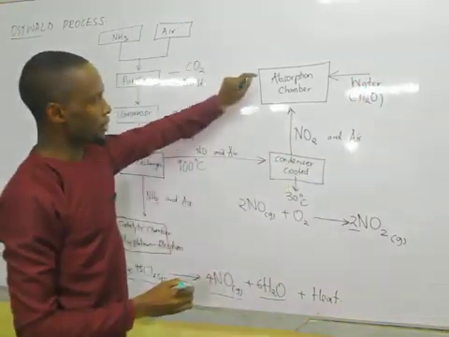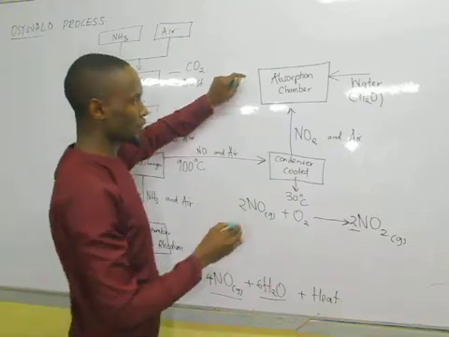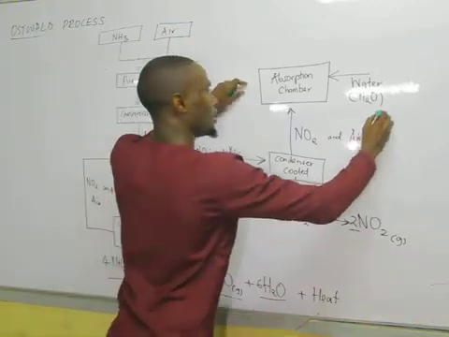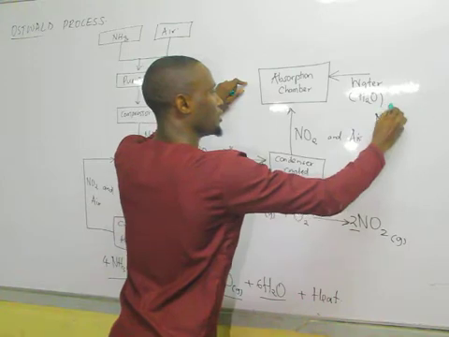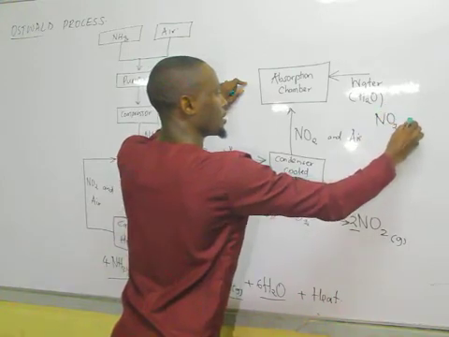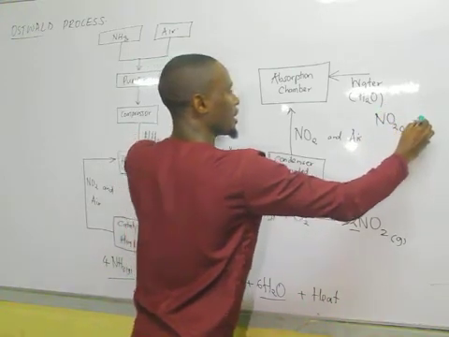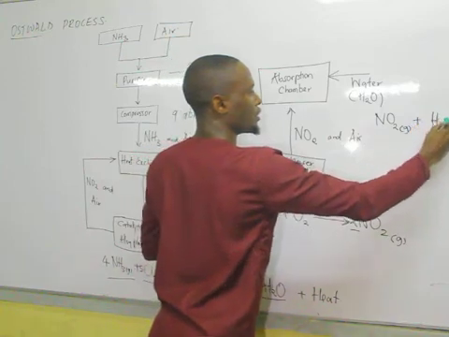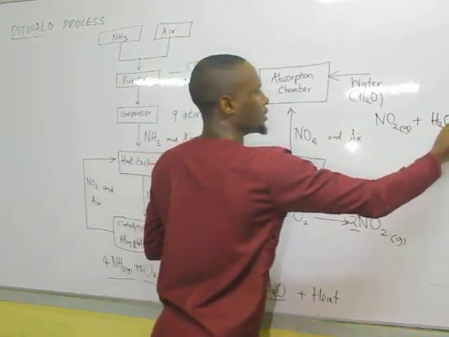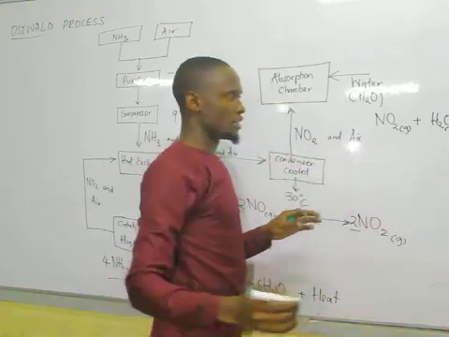And therefore the first equation that takes place in this chamber is nitrogen 4 oxide gas reacts with water to form 2 acids.